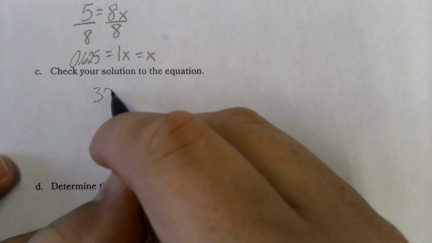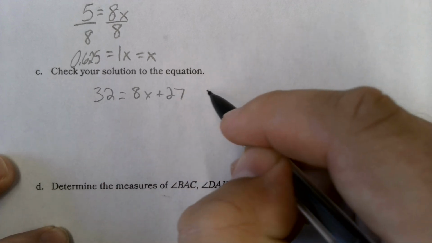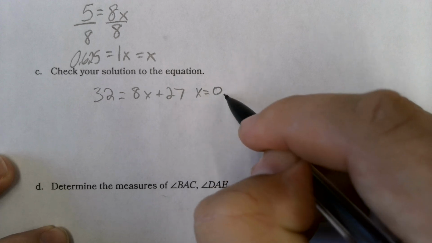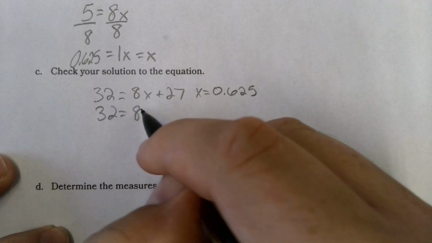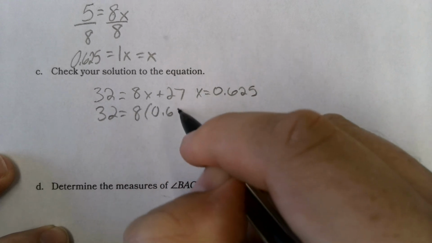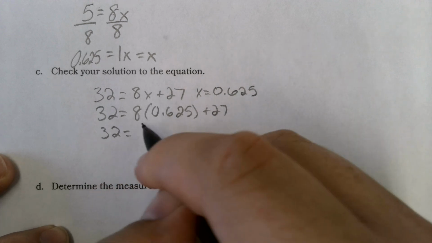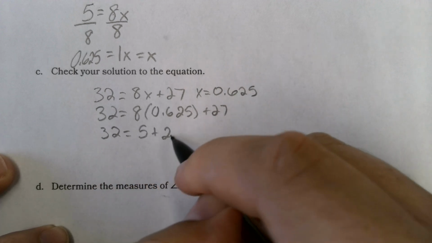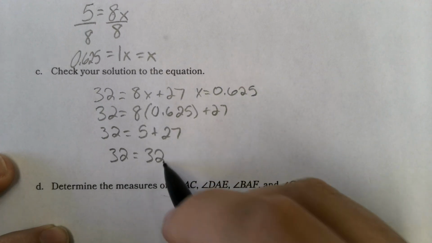Now that we have the answer for x, we can use that in our equation. So 32 equals 8x plus 27, with x being 0.625. Replace x with 0.625. Multiply, that gives me 5 plus 27. 32 equals 32.